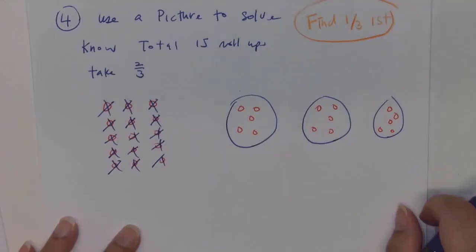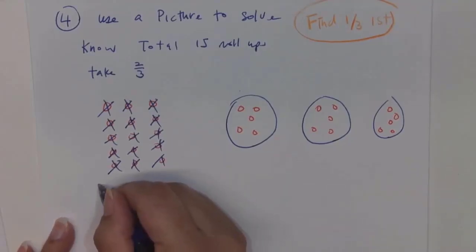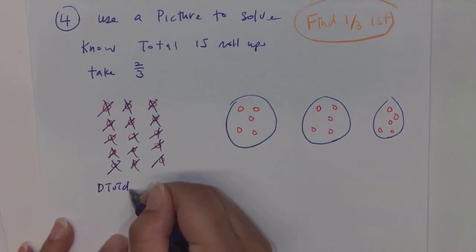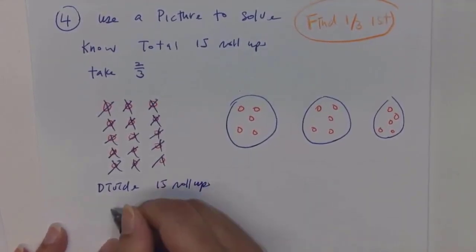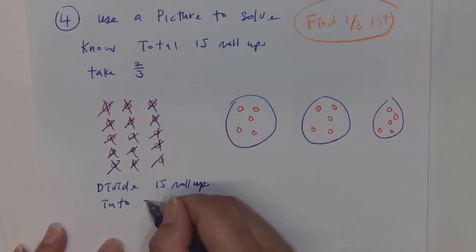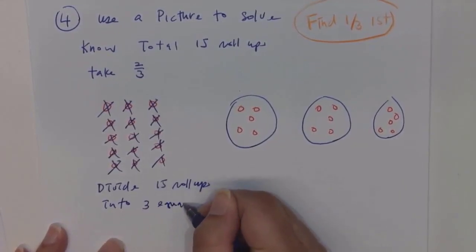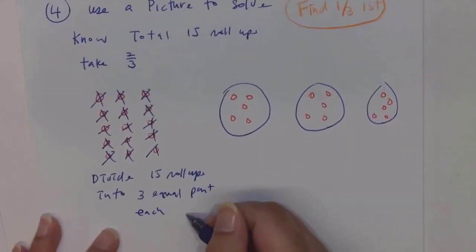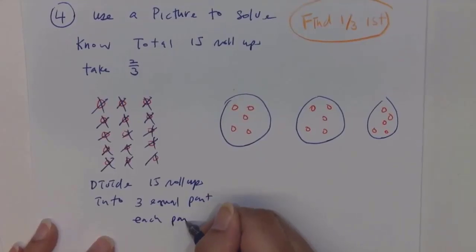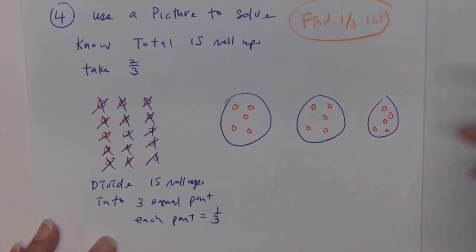So after I divide, you don't have to write in words, but I'm going to just write for you. Divide 15 roll-ups into 3 equal parts. So each part equals 1/3.